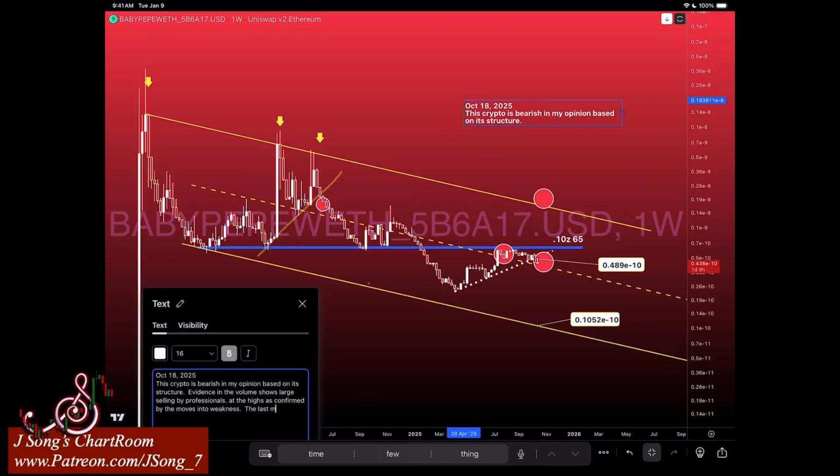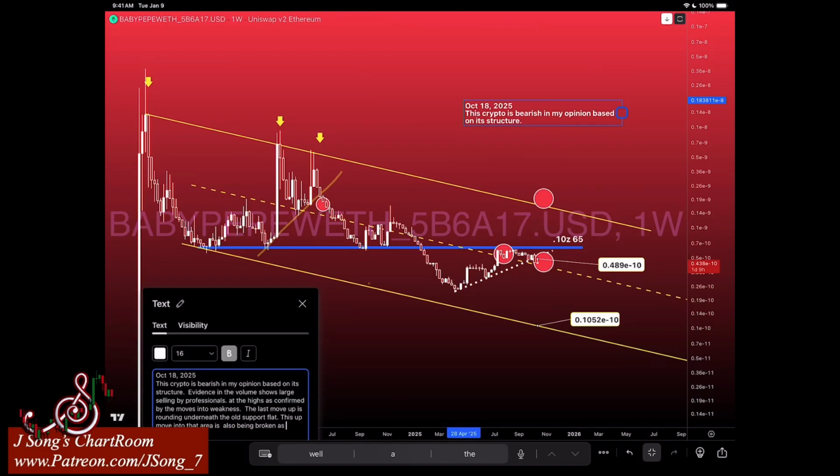The last move up is rounding underneath the old support flat. This also is being broken. This up move is also being broken into that area.